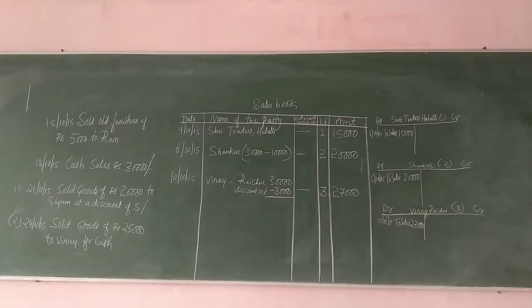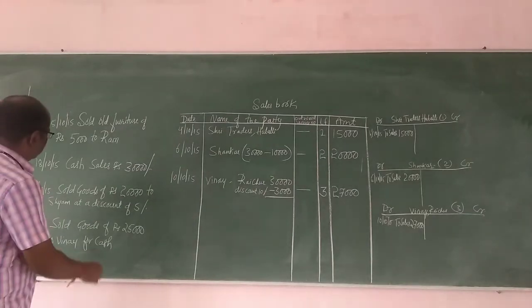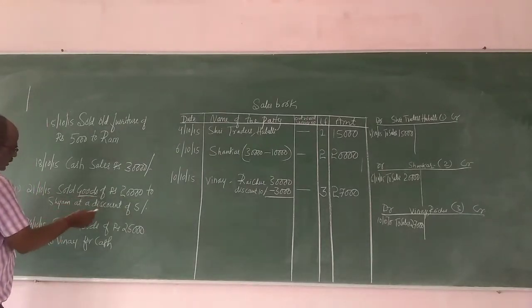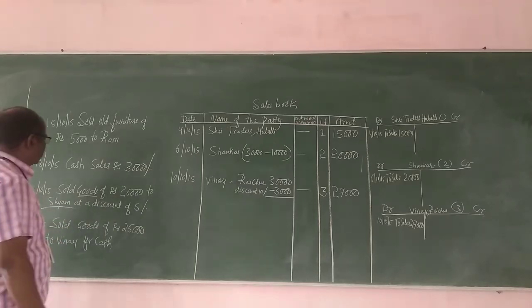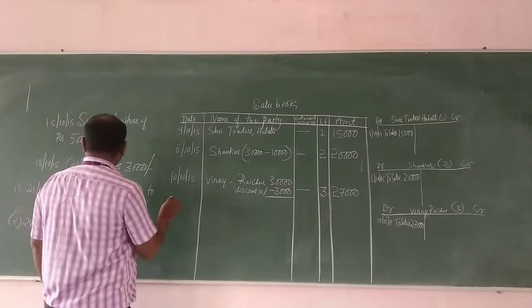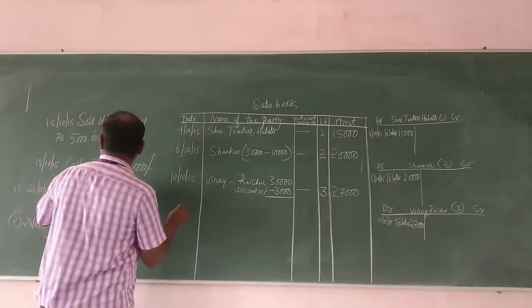Yes, this transaction goods are sold and that too on credit. So this can be recorded. This cannot be recorded.